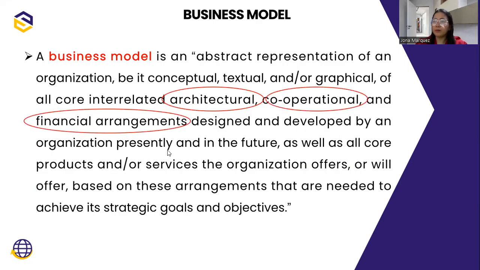Okay? Presently, in a future, as well as core product, service, organization offers, and will offer based on the arrangement that needed, no, to achieve its strategic goals and objectives. Ayan yung business model. So let's discuss isa-isa, no?